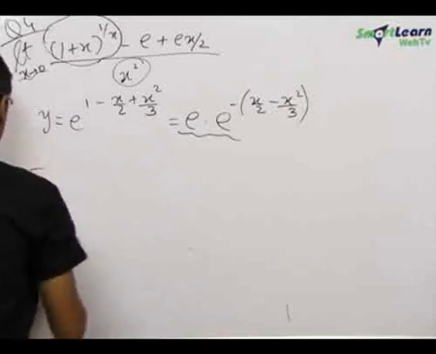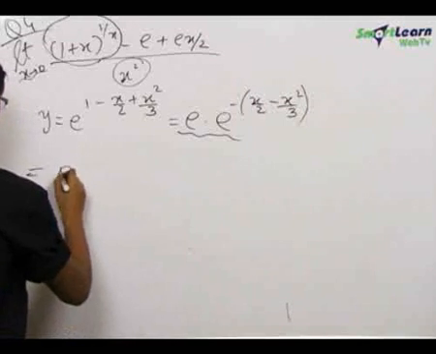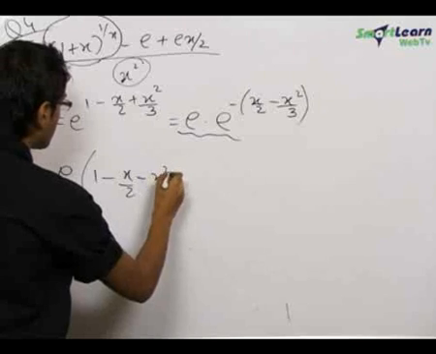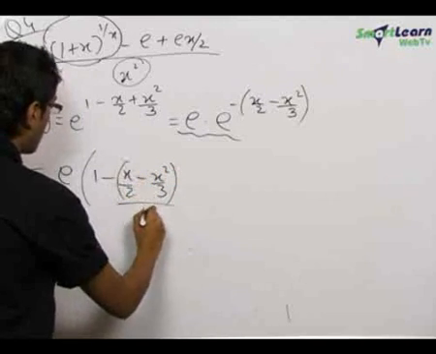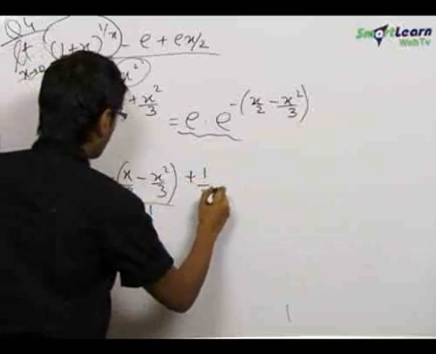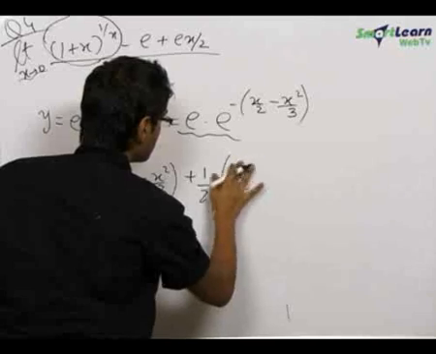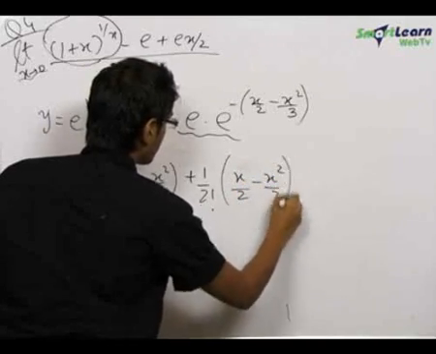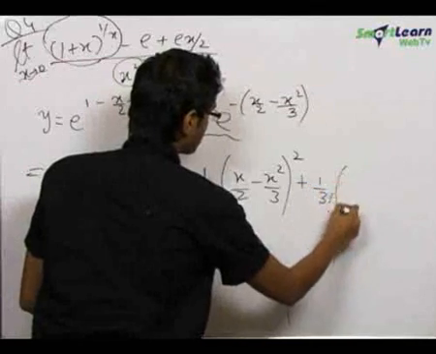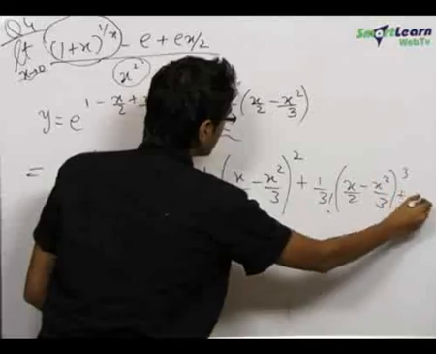So now we put the value of the expansion over here to get e into 1 upon 1 factorial minus x by 2 plus x square by 3, plus 1 upon 2 factorial into (minus x by 2 plus x square by 3) whole square, plus 1 upon 3 factorial (minus x by 2 plus x square by 3) whole cube and so on.